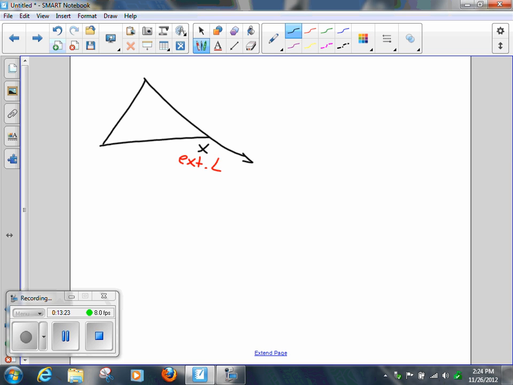If I wanted you to find x by being given this angle that's 45 degrees and this angle that's 21 degrees, how are you going to do that? Isn't x what those two angles are added together? Do you remember what they're called?